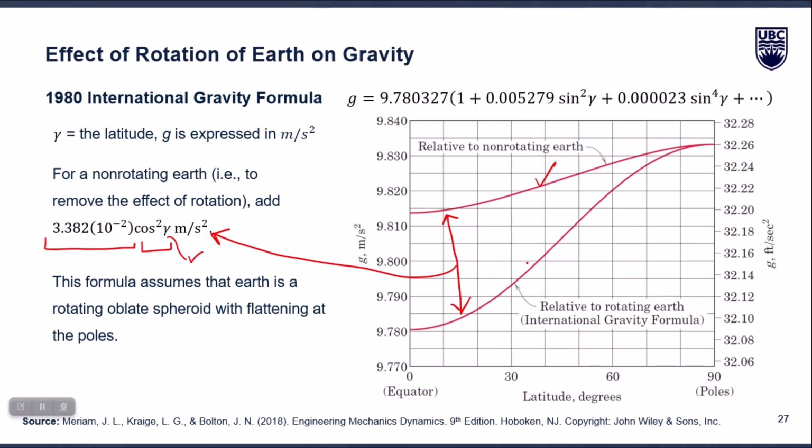In certain problems, you may be asked to explicitly account for that effect of rotation. In that case, you may need to apply this International Gravity Formula, and you need to know your latitude exactly in order to use that expression.